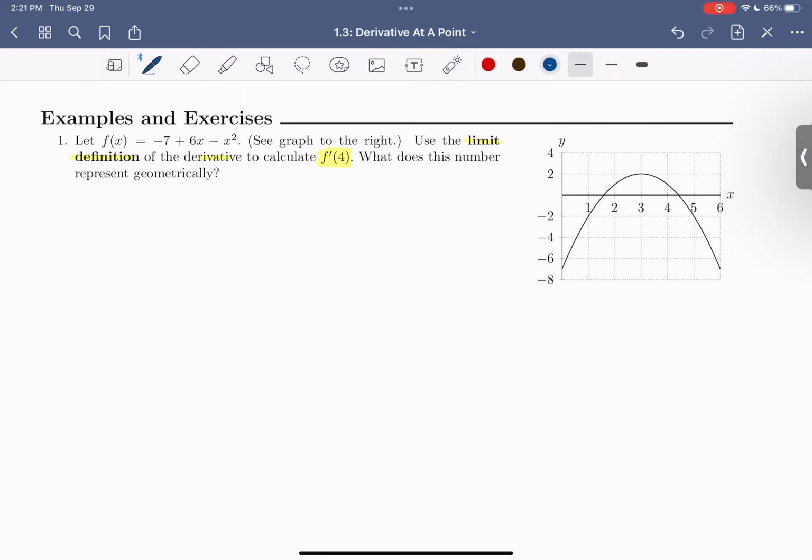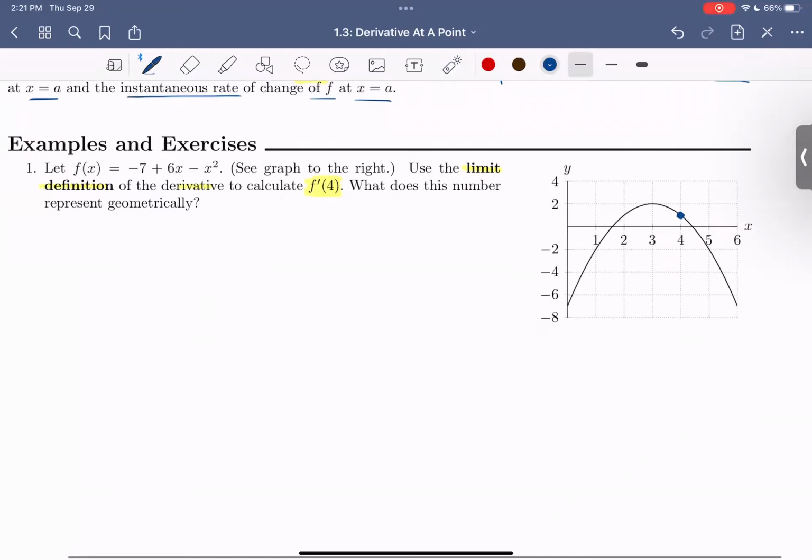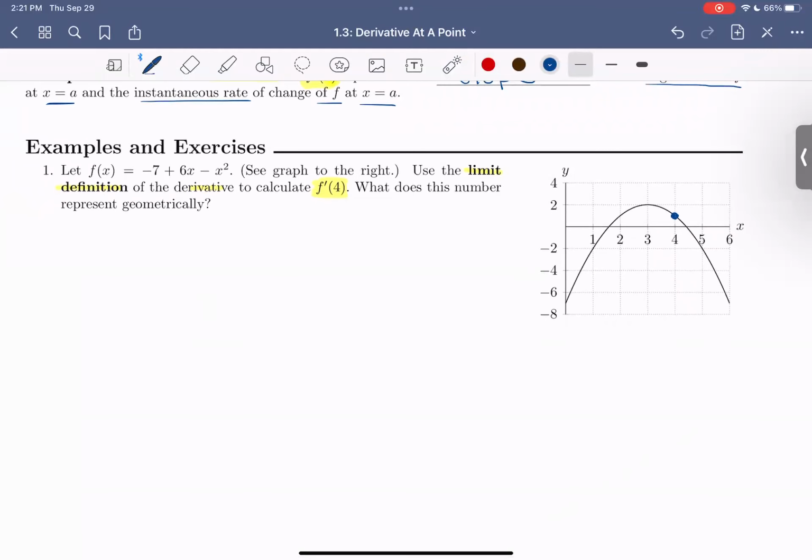So first, let's take a deeper look at our curve to understand what it is we are going to compute. If I identify x equals 4 on my horizontal axis, I have this point here on my graph. And let's recall the derivative of my curve at that point is the slope of the tangent line at that point. So here's my tangent line.